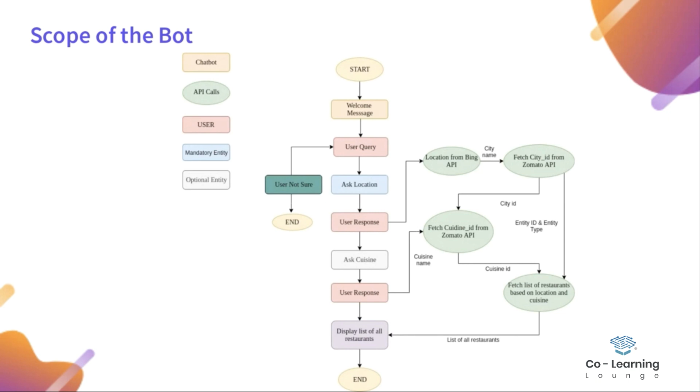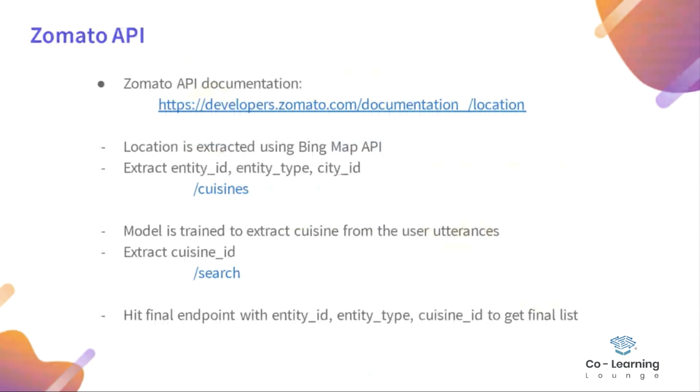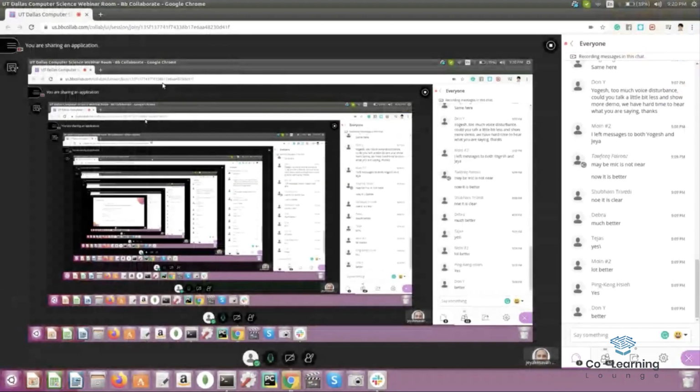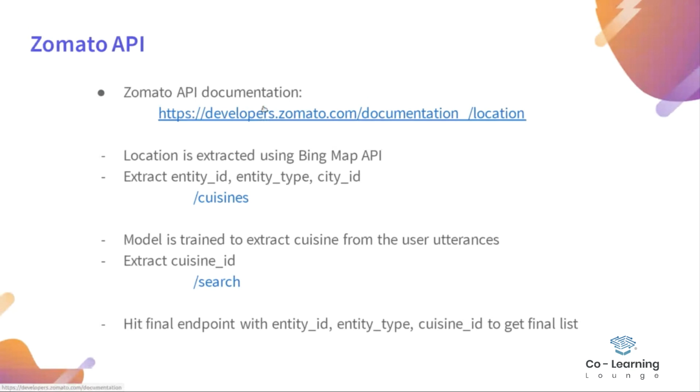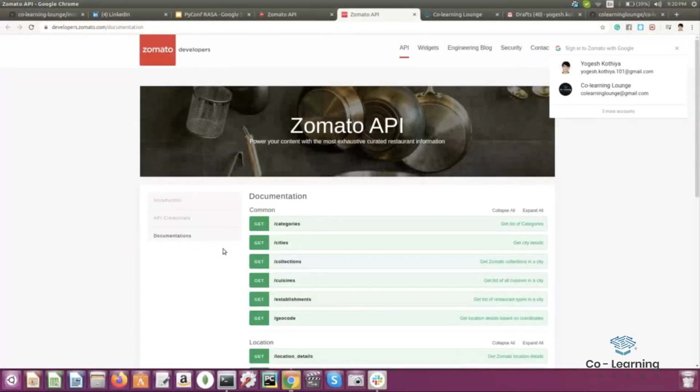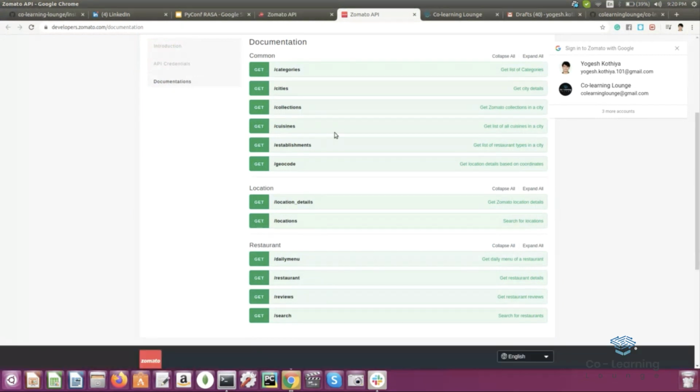And once you extract the location, you go ahead and hit the Zomato API. These are the endpoints of the Zomato API.